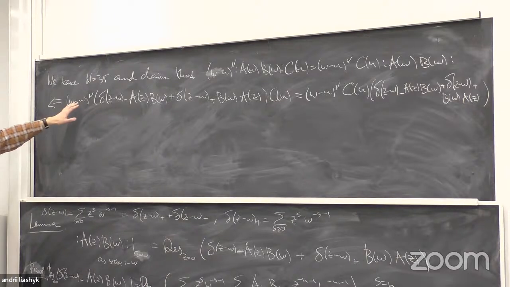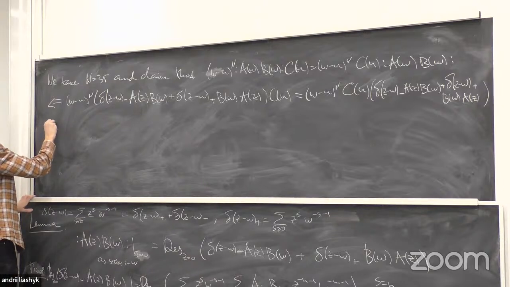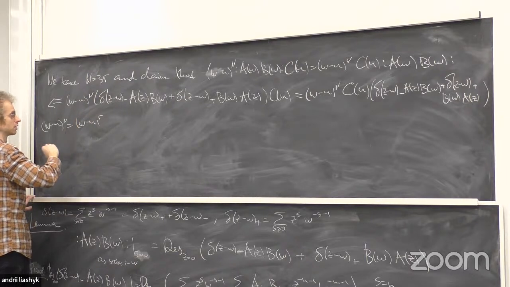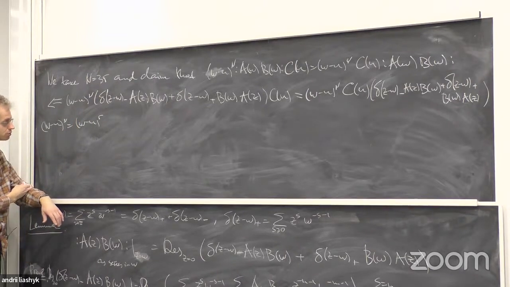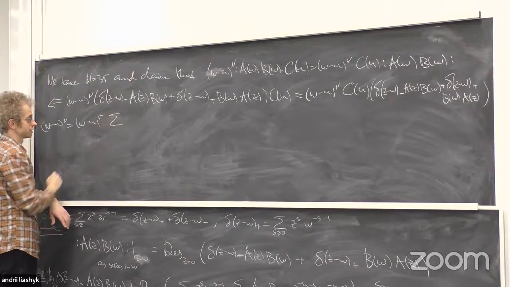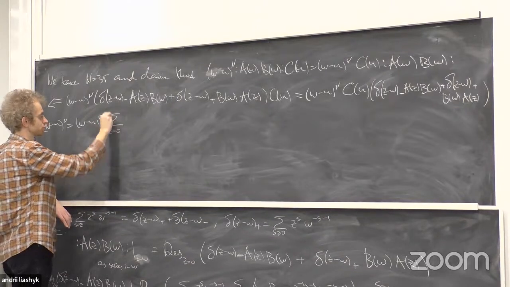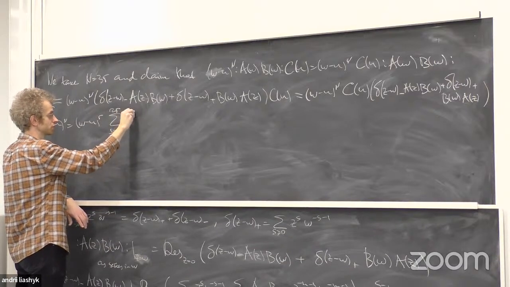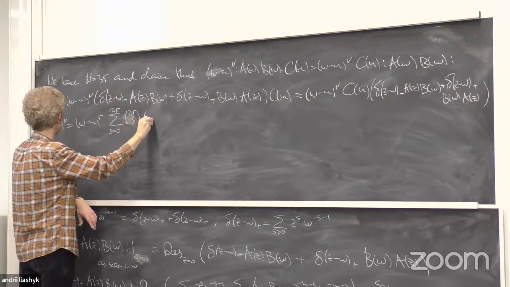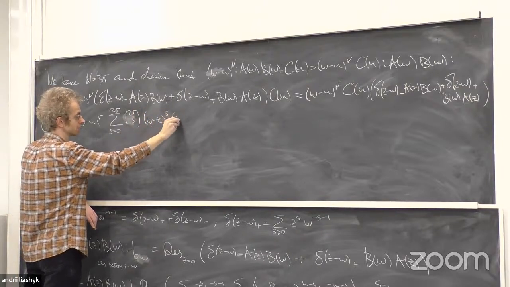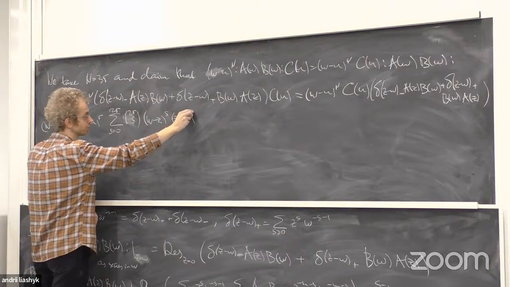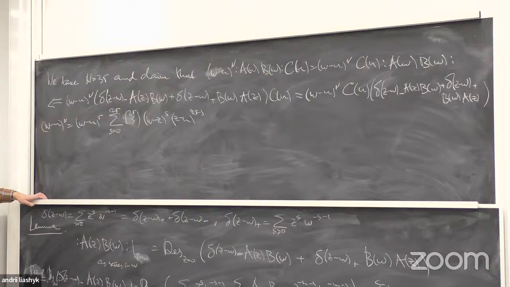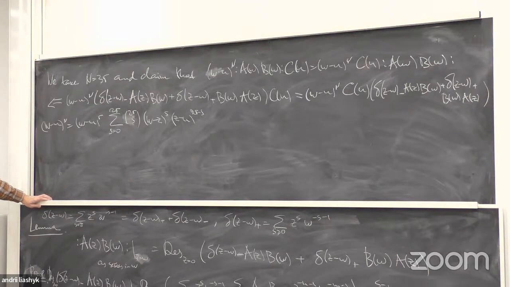So the idea is to write this (W minus U) to the n as (W minus U) to the r times (W minus U) to 2r. And this is expressed as the sum from 0 to 2r, with a binomial coefficient, of (W minus Z) to the s, (Z minus U) to the 2r. Okay.